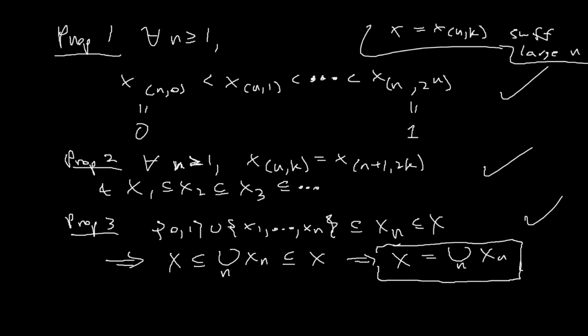Okay, now that we've constructed our labeling system for set X, we're going to move on, and using this labeling system, it's going to be very easy to construct our map that we desire.